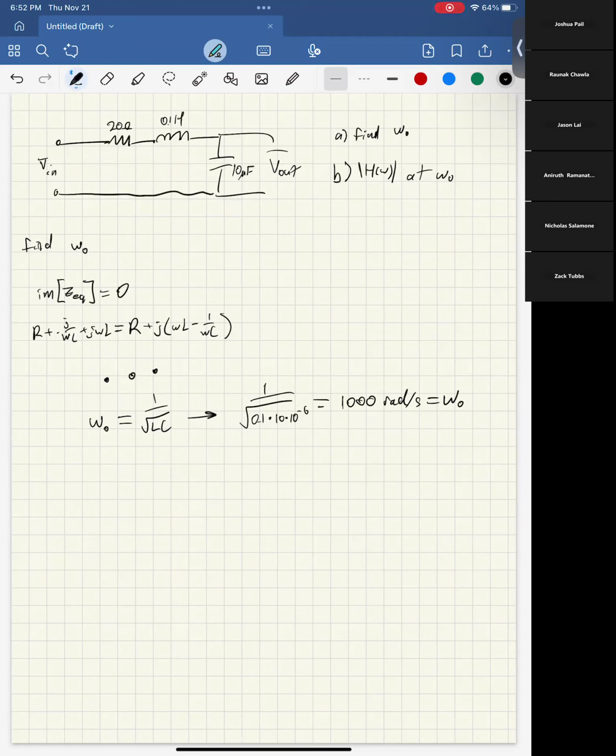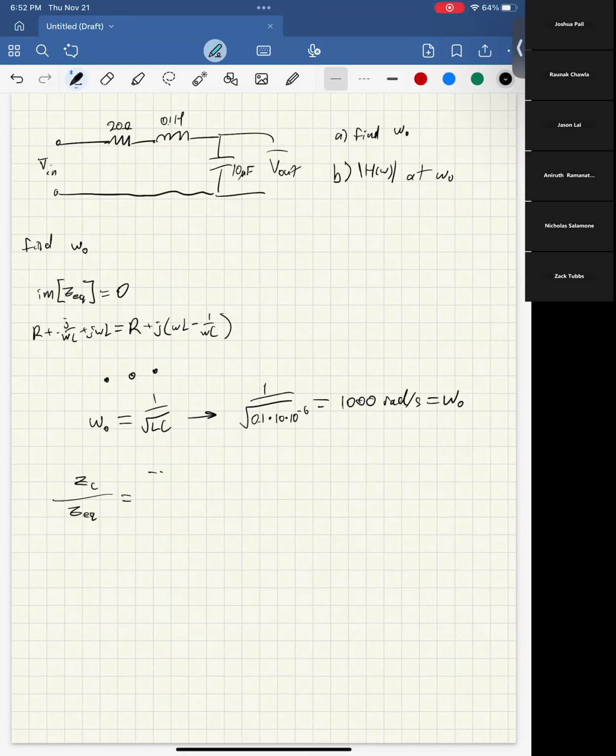And then if we want to say, what is the magnitude of the function at that resonant frequency? Well, first we have to find the function, of course. So the function is just going to be, as it was before, the impedance of our capacitor in this case over the total impedance.